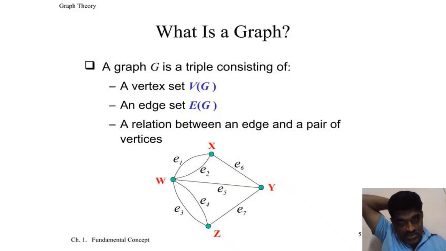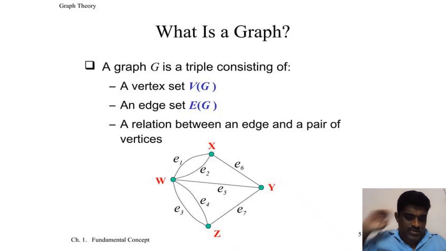The edge set is denoted as E of G. These are the lines that connect the vertices. They show the relationship between the objects. In the diagram, the edges are labeled E1, E2, E3 up to E7. If vertices are people, edges would be things like a friendship or follower.